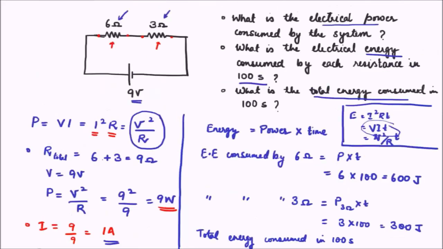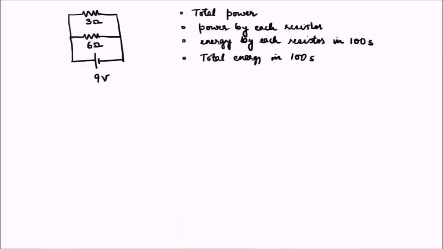So what we see here is that we can use multiple approaches to solve the same question. You just need to see what values are available and how you can manipulate them to give the required information.